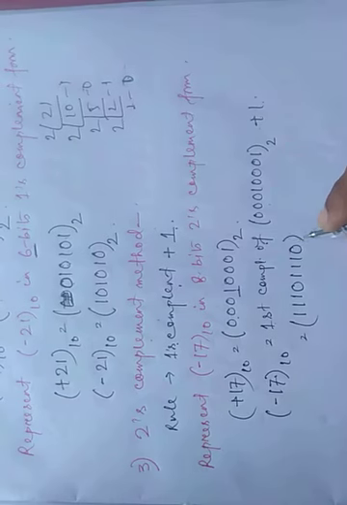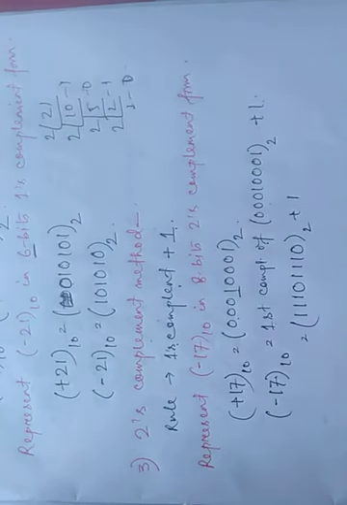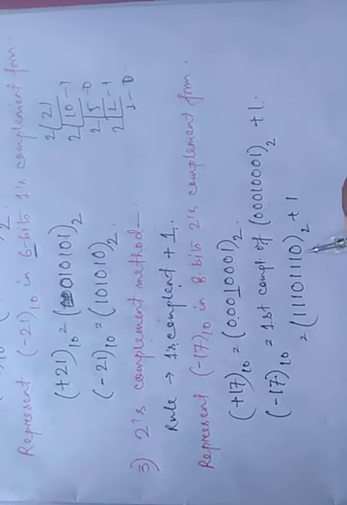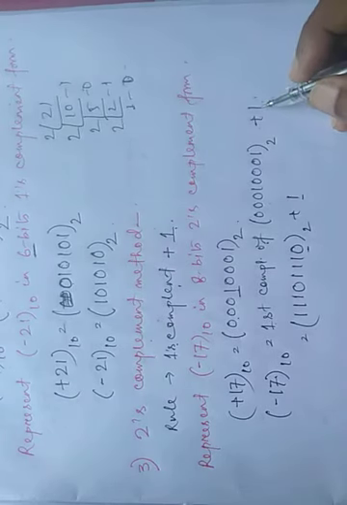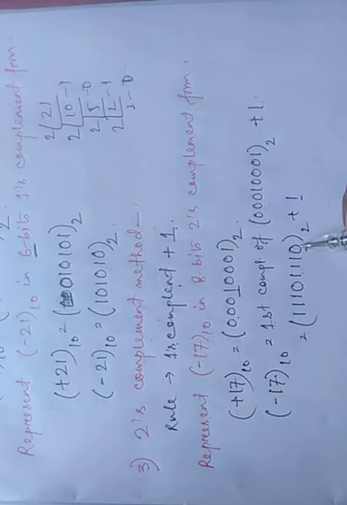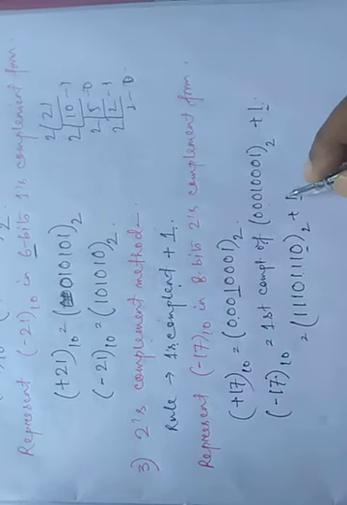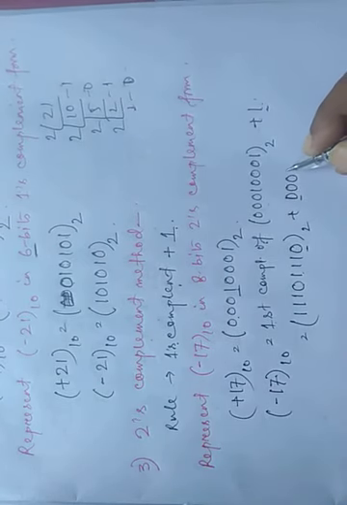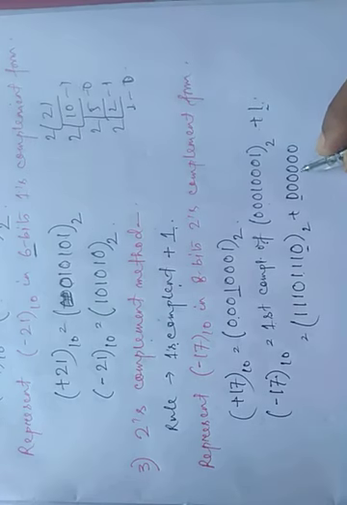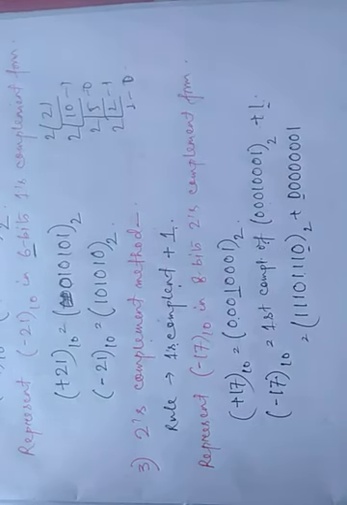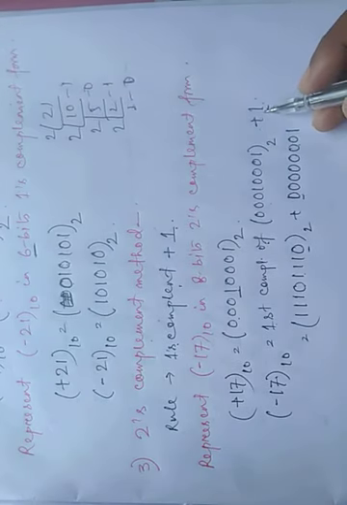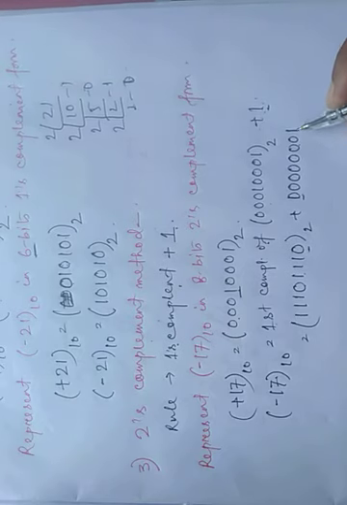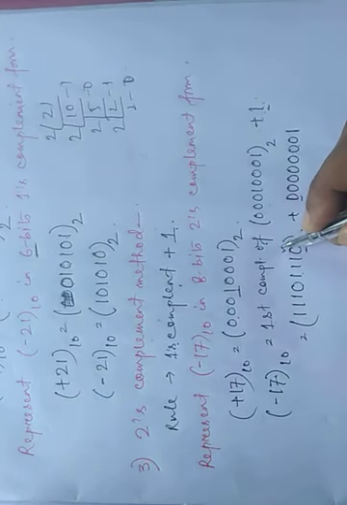Okay, plus 1. This is an 8-bit number, so if 1 is converted into an 8-bit number, all the 0s on the left-hand side are 0. The 1 must be added with the rightmost bit.